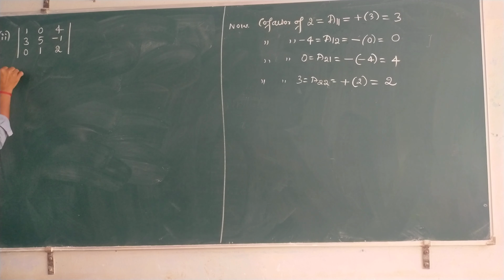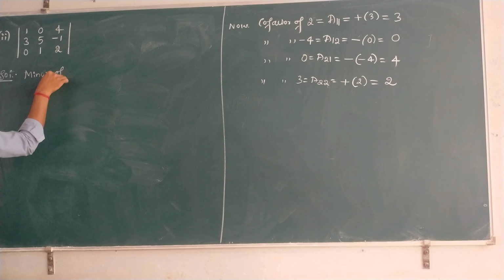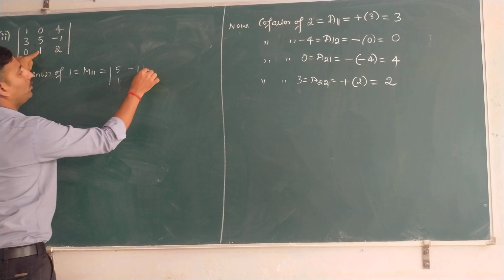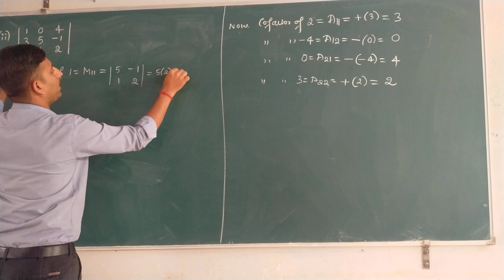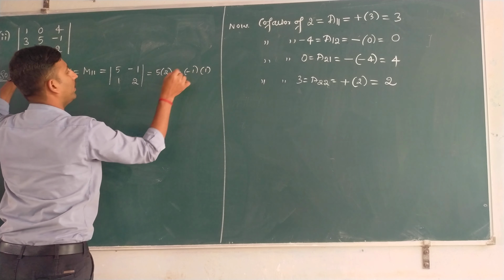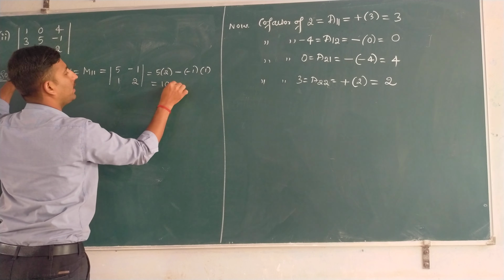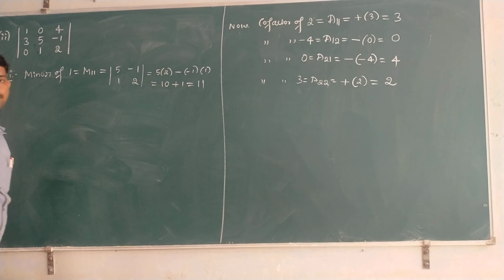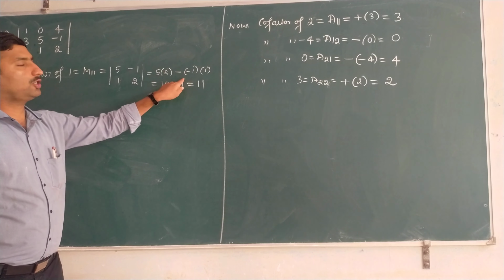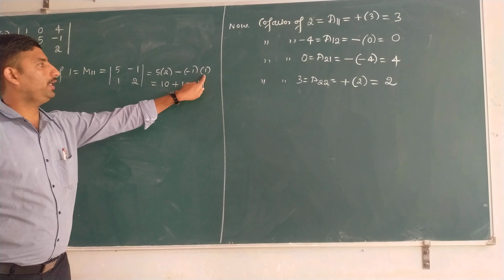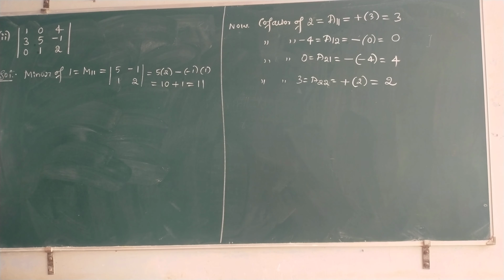Solution. Minor of 1, which is m11; a minor can be written as Mij. Minor of 1 is the determinant 5, 1; minus 1, 2, which is 5 into 2 minus of minus 1 into 1, which is 10 plus 1, equal to 11.